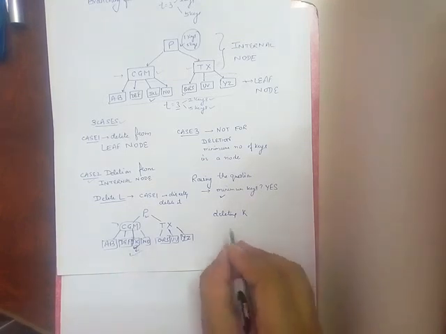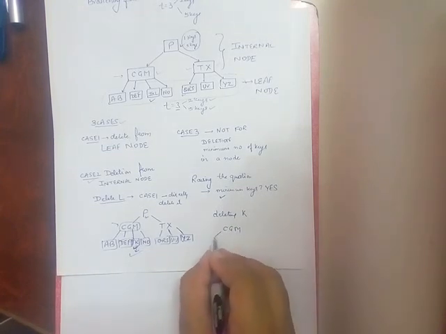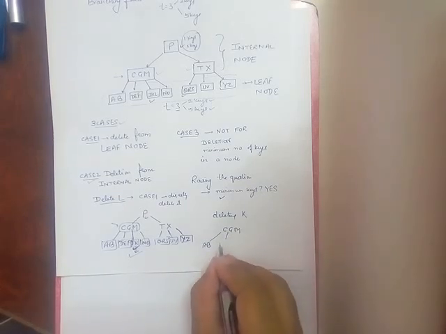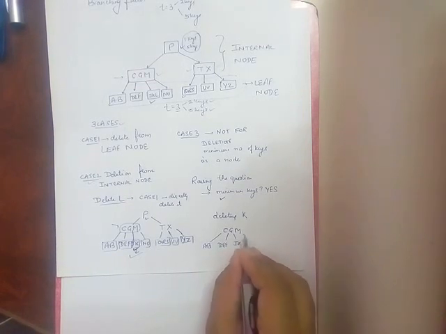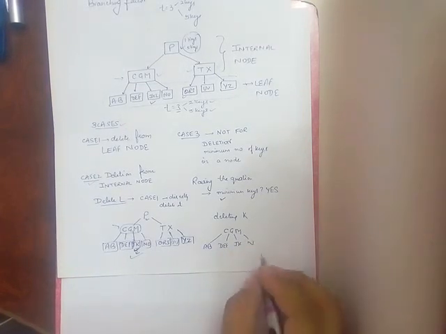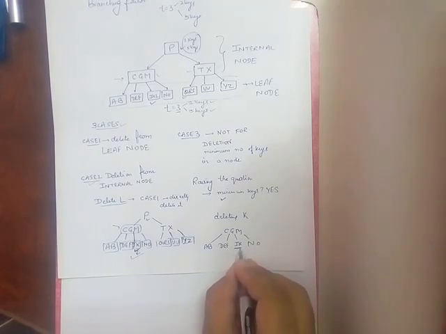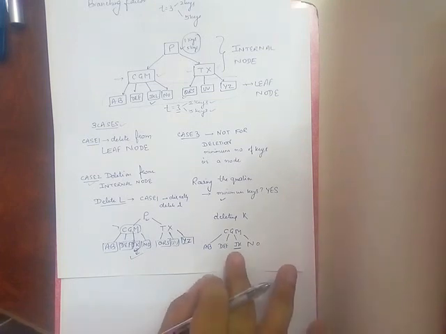That is, if we consider CGM and we consider its left child is AB, its center child is DEF, here is JK, and here is NO, then this node has the minimum number of keys. It means when there is the minimum number of keys, we cannot directly delete the key from here.